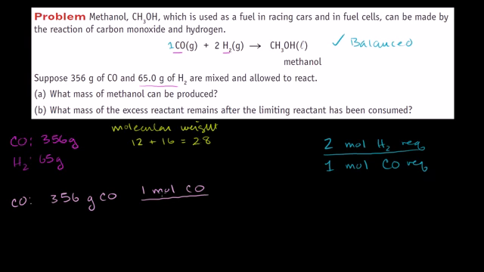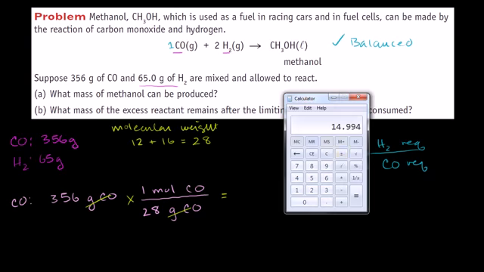So if we have a mole of them, that 6.022 times 10 to the 23rd molecules of carbon monoxide, that's going to weigh 28 grams. So 1 mole of carbon monoxide is 28 grams, or 1 mole per every 28 grams. And the reason I wanted to put the grams in the denominator is so it cancels out over here. So those cancel out when we multiply, and we are left with 356 times 1 divided by 28 moles of carbon monoxide.